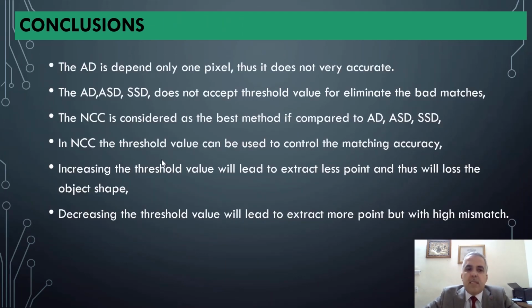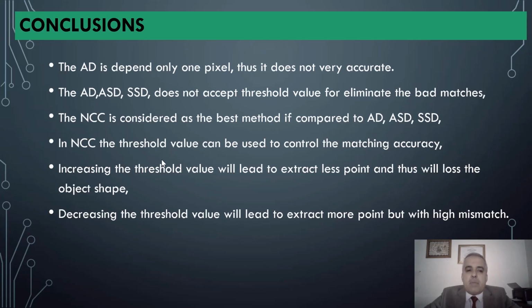In conclusion, the AD depends on only one pixel, thus it is not very accurate. The AD, ASD, or SSD does not accept a threshold value to eliminate bad matches. The NCC is considered the best method compared to the AD, SAD, or SSD.